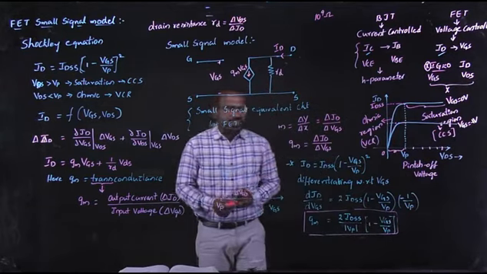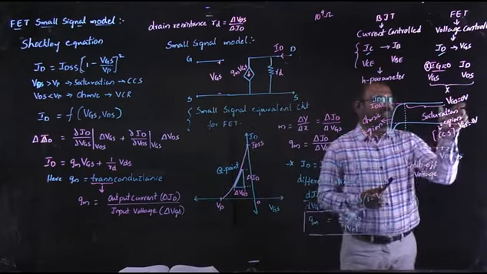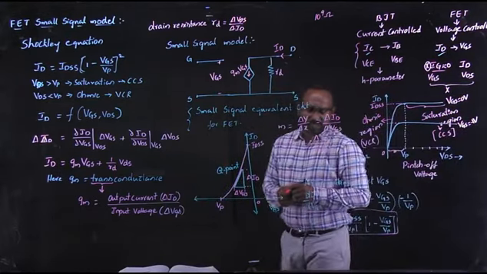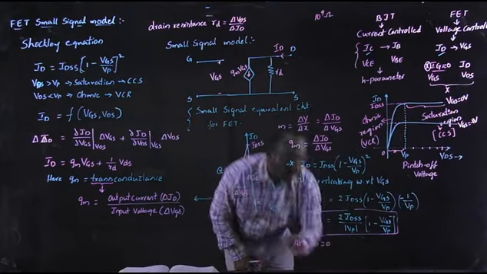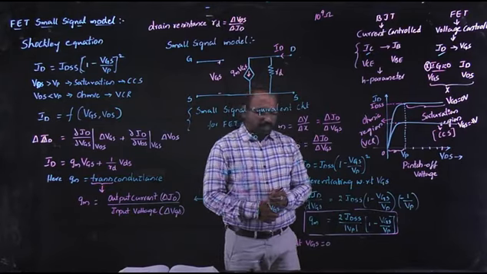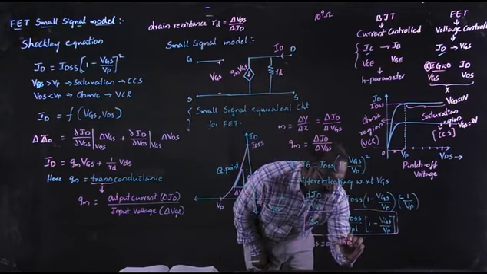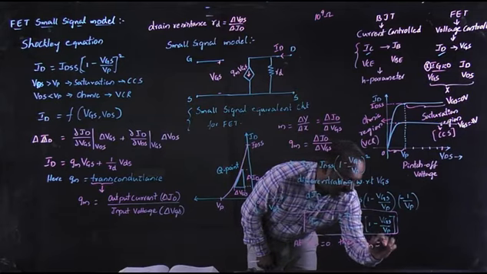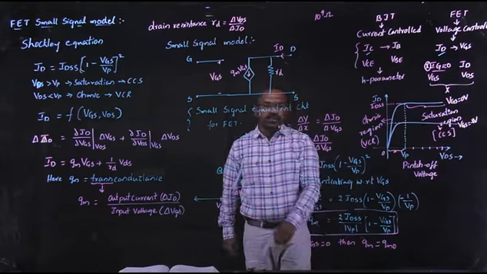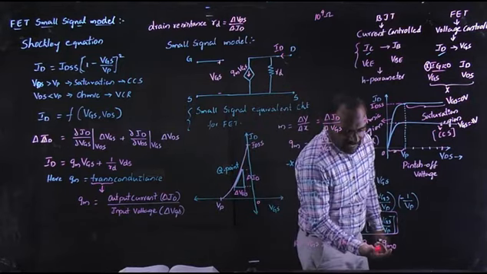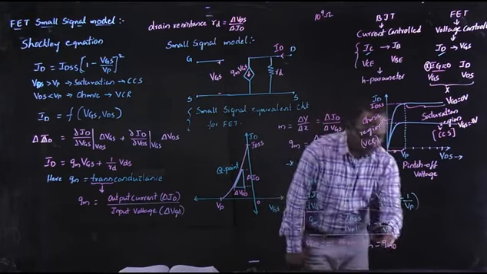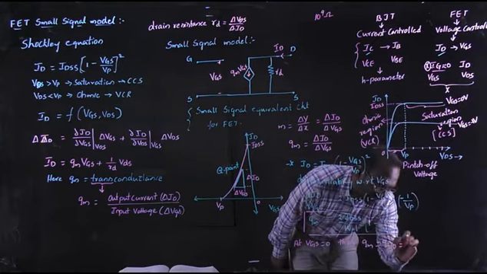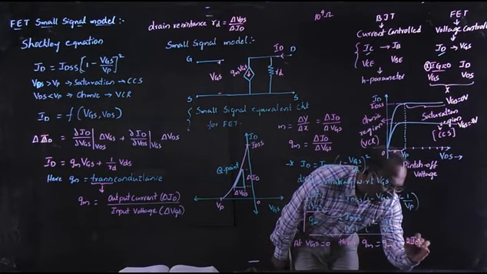At VGS equal to 0, I have the maximum current IDSS. So at VGS equal to 0, I assume gm is equal to gm naught. gm naught is the transconductance at gate to source voltage 0. Putting 0 here, you get 2 into IDSS by modulus of VP.